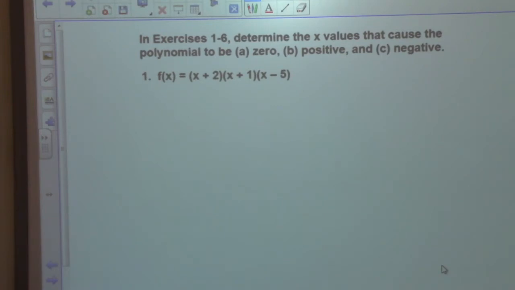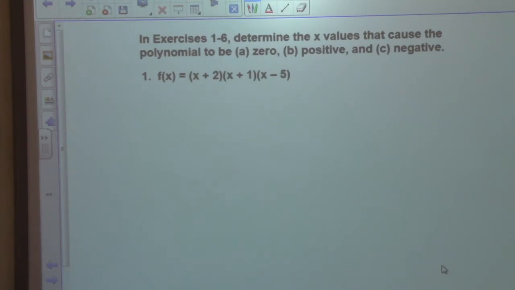What would be your strategy on this exercise here? Can you ask the question again? Yes, what would be your strategy on solving this problem? Factor.